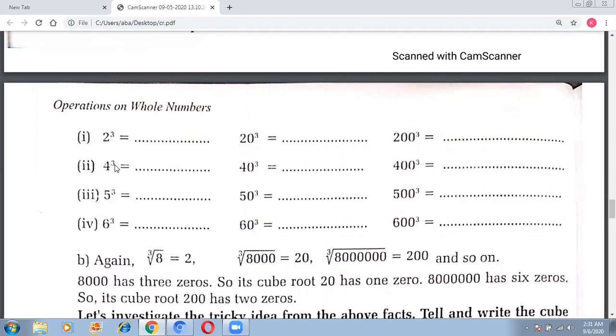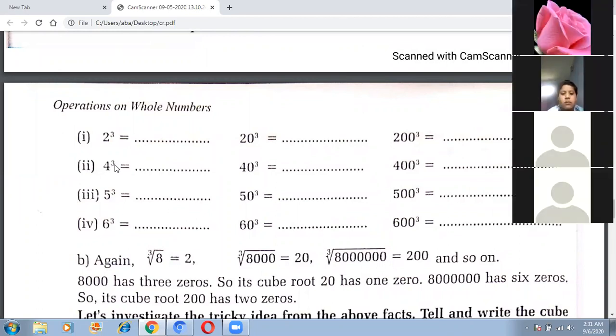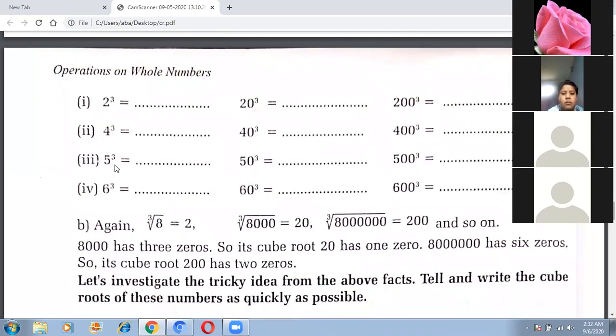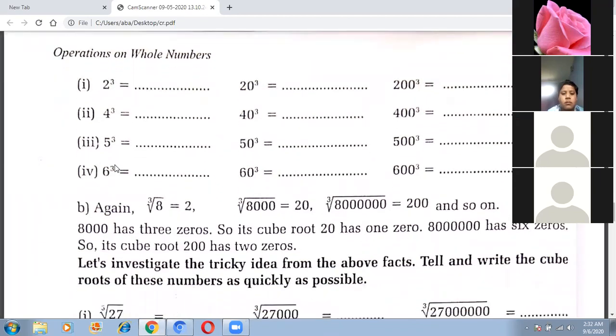Third. 5 cube equal to what? 125. 50 cube equal to what?